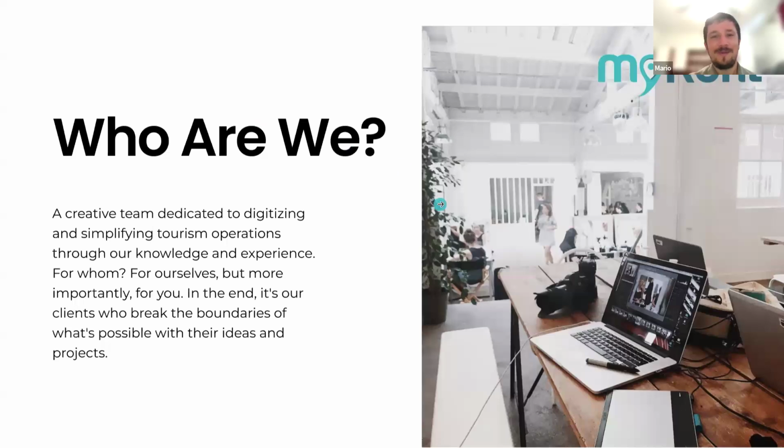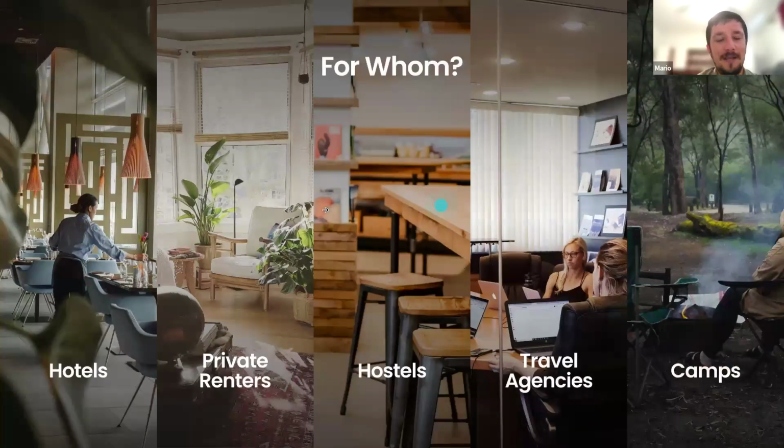And Joanna, you can move maybe to another slide. Yeah. MyRent is a solution that can be used by literally anyone who is working in short-term rental market. So small private owners, property managers, travel agencies, hotels, camps, we have a solution for everybody.